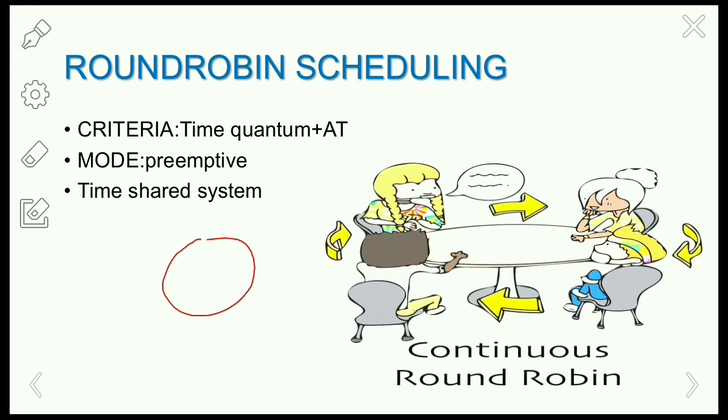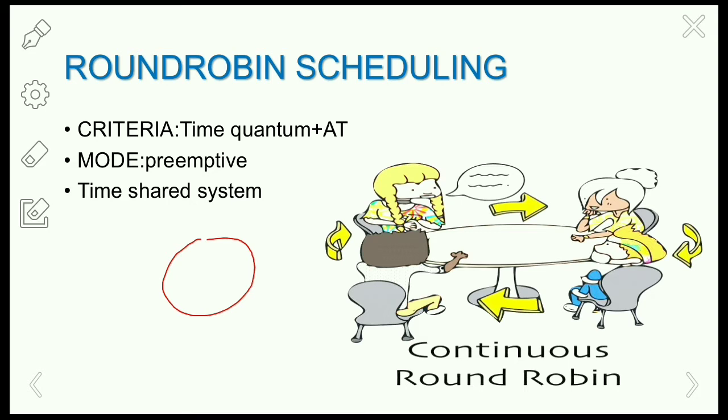Otherwise, if the CPU burst time of the currently running process is longer than one time quantum, then the process will be put at the tail of the ready queue, and the CPU scheduler will then select the next process in the ready queue.